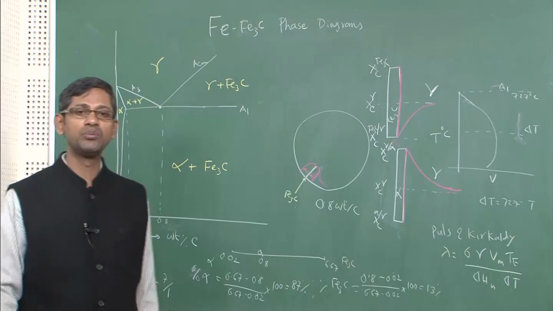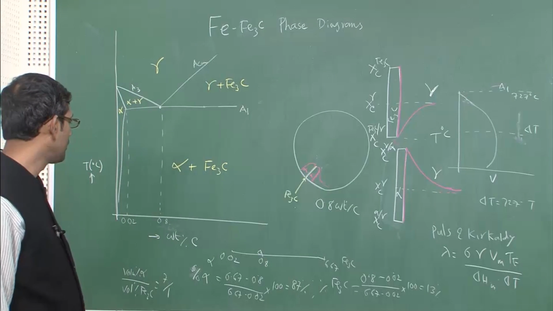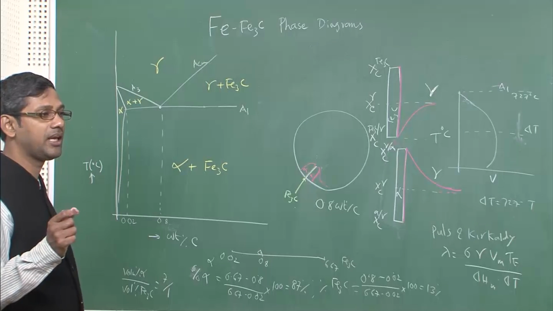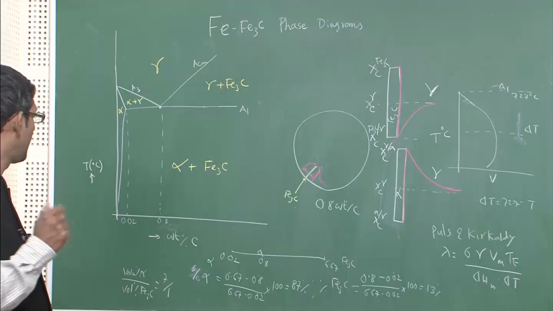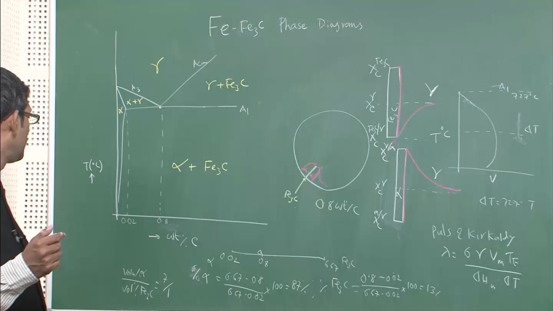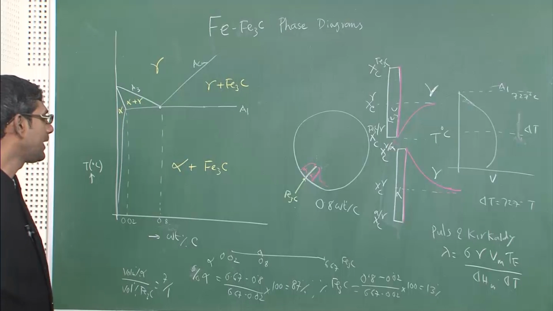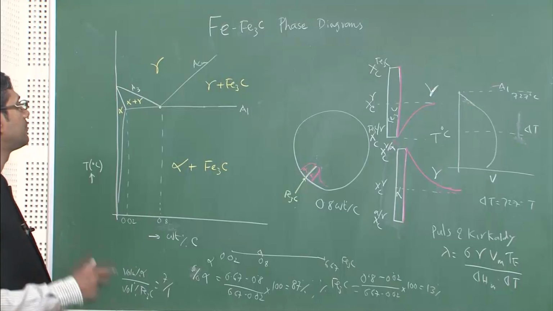And if you assume the densities are equal, then the lamellar thickness of cementite and alpha will be 1:7. So that is basically for the pearlitic transformation.